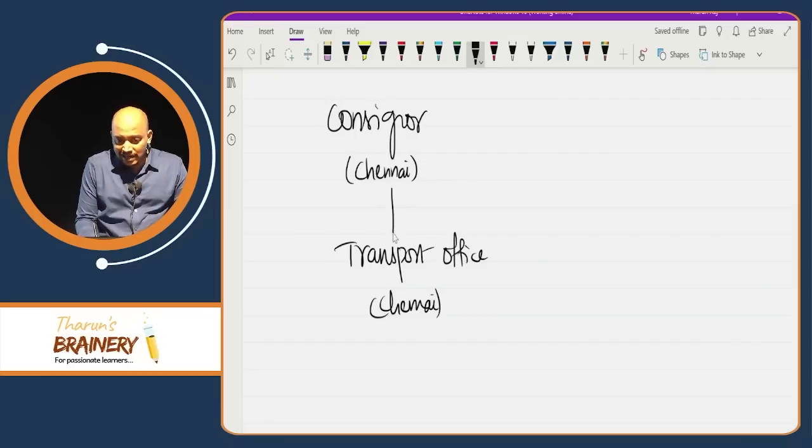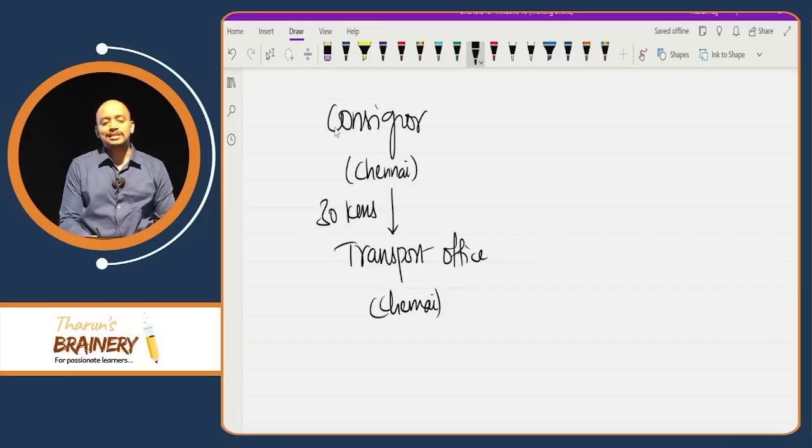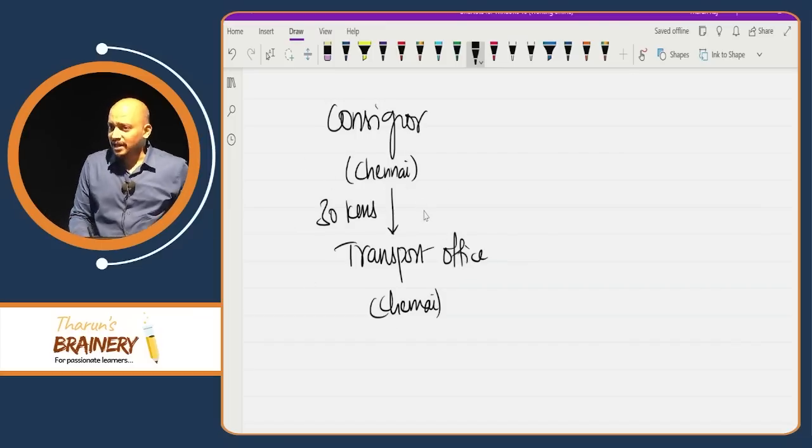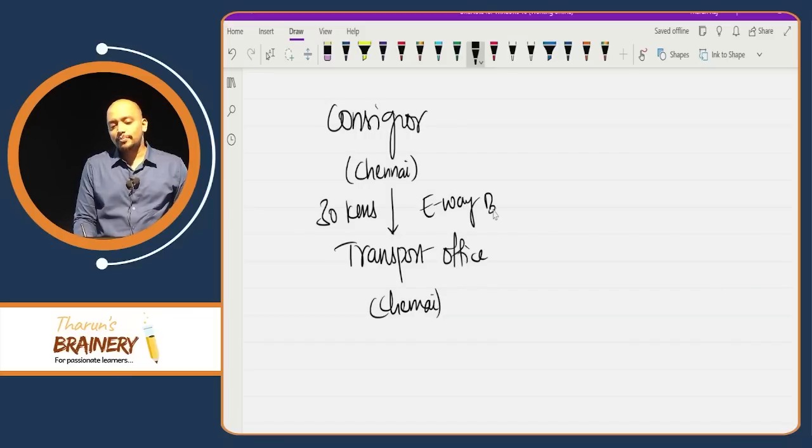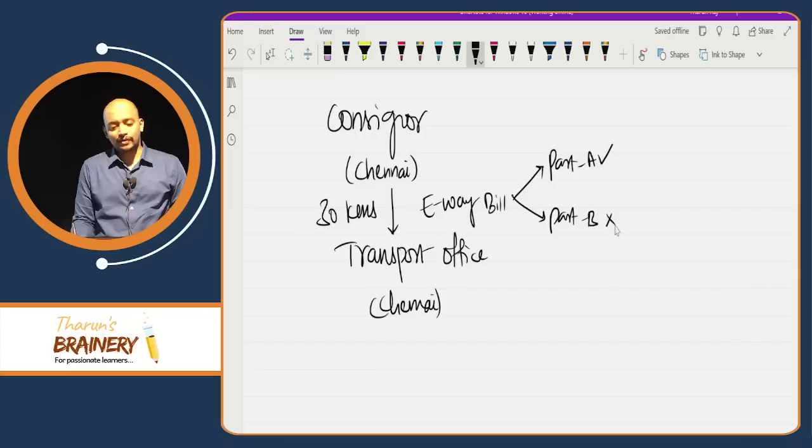Now this distance is, say, 30 kilometers. E-way bill required or not required? Required. E-way bill required. But which one? Part A or Part B? Part A required, Part B not required.